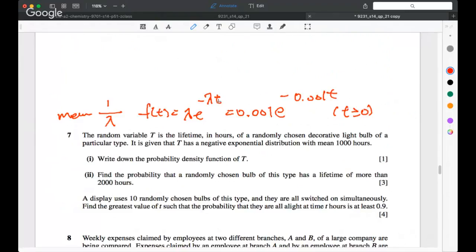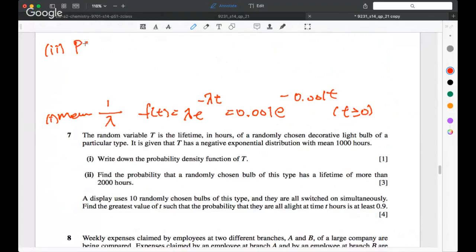And for the second part of the question, we are asked to find the probability that a randomly chosen light bulb of this type has a lifetime of more than 2,000 hours.